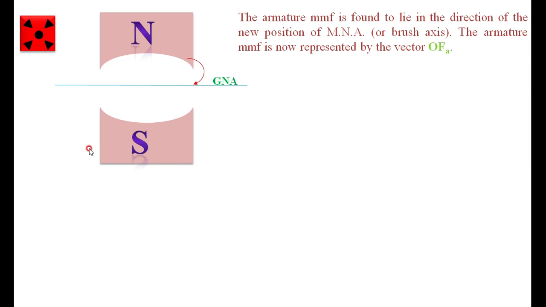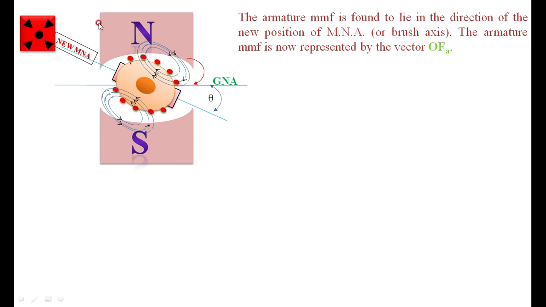First the GNA, which is perpendicular to the polar axis, then the new MNA, and along the new MNA we have the brush axis, shifted by an angle theta. Now there is a redistribution of the current in this particular direction. Now FA is acting along the new MNA, so FA is changing its direction.